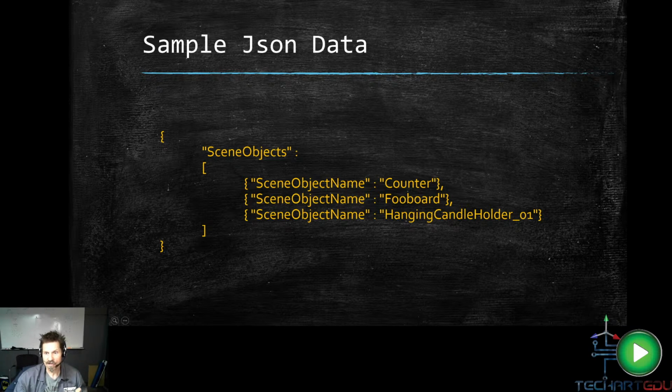So we have a dictionary composed of other dictionaries. You bet that's exactly what we're dealing with. And so what we have here is one object called scene objects. And then inside of scene objects are a whole bunch of children objects called scene object names. These are the keys and these are the values associated with them.